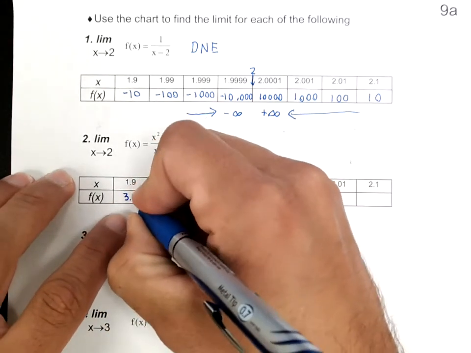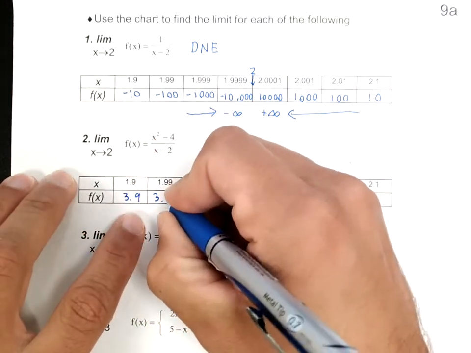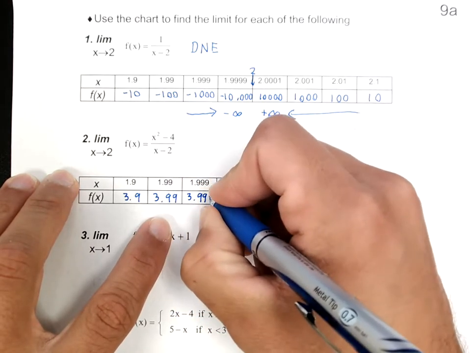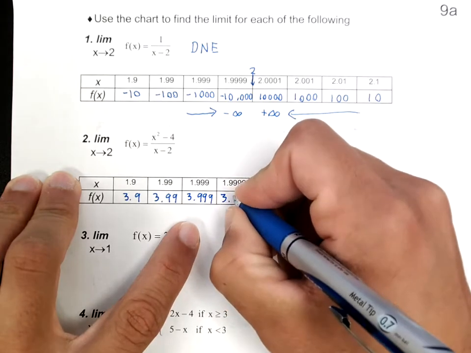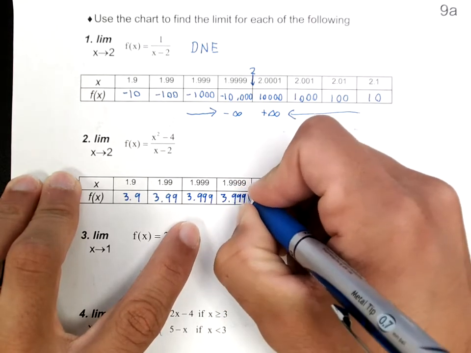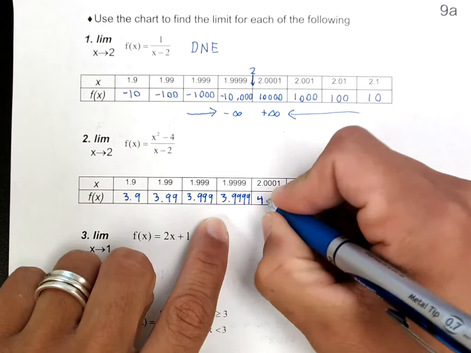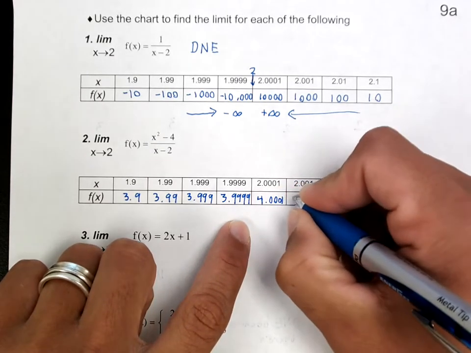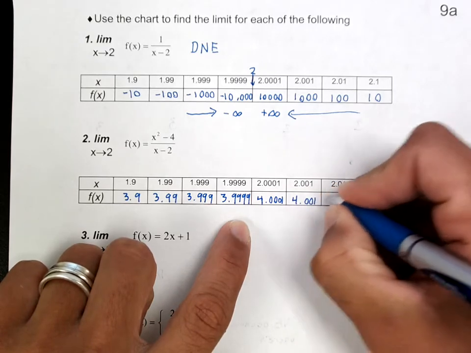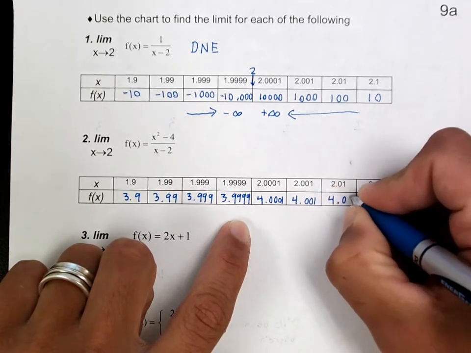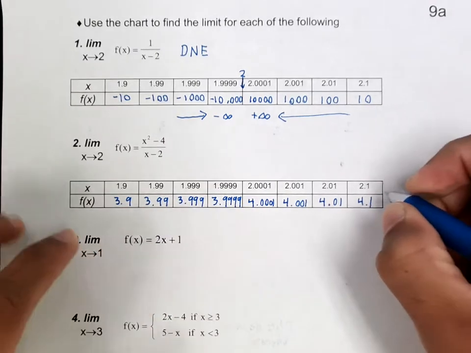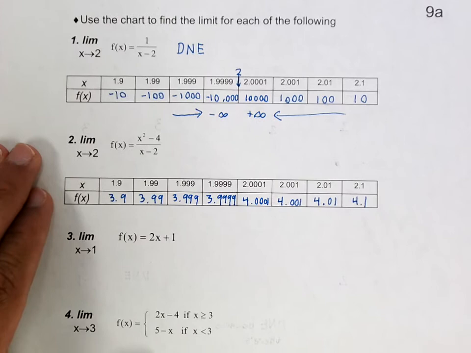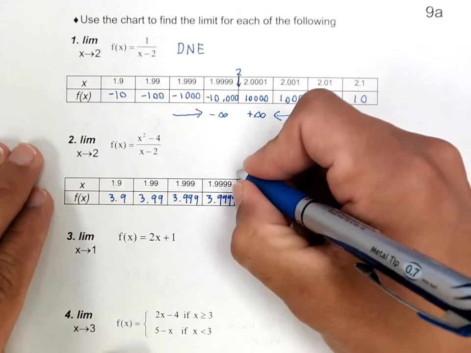We got 3.9, 3.99, 3.999, and then 3.9999, and then we got 4.0001, 4.001, 4.01, and then 4.1. So again, notice that this is the limit as x approaches 2. I'm approaching, and 2 would be right here.